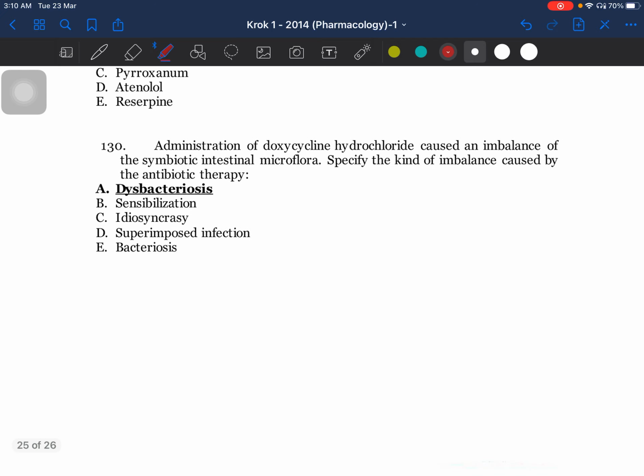Now let's move to the last question. The last question states that administration of doxycycline hydrochloride caused an imbalance of the symbiotic intestinal microflora. Specify the kind of imbalance.